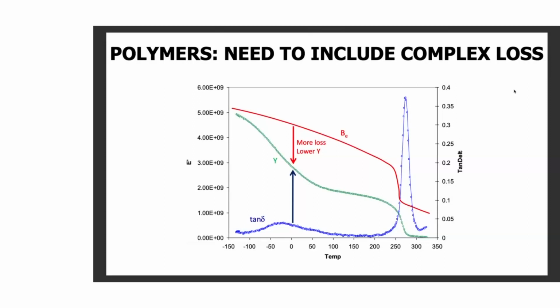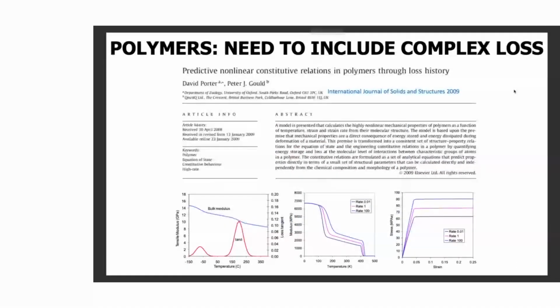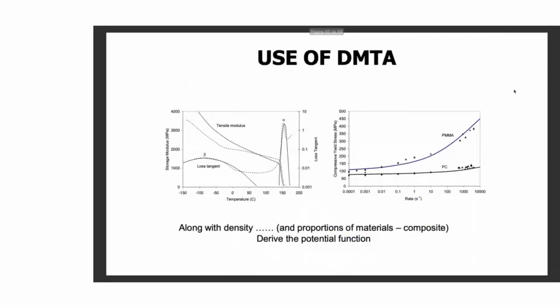So there is a paper. I sent Oleg a copy of it. It's, again, I think from 2009, International Journal of Solids and Structures, which informs you how to use this kind of model. It can tell you all about the mathematics of it. On the left here, we have your standard DMTA data.